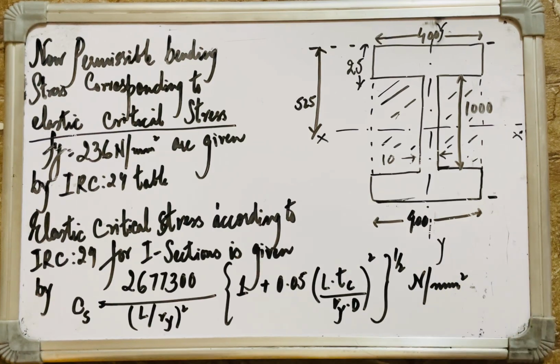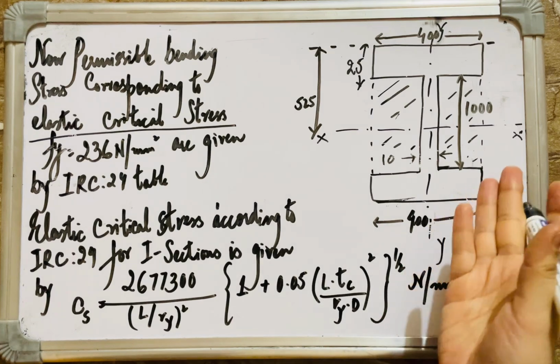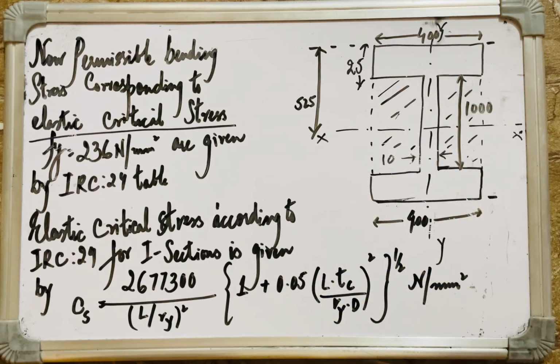By employing this formula, I'll be calculating the elastic critical stress according to IRC 24 for the I section that I'm having, which has the dimensions mentioned in this figure. All right, so this is the formula.